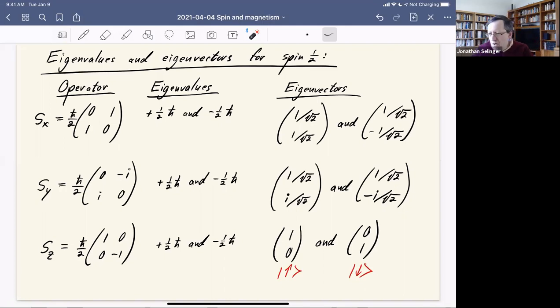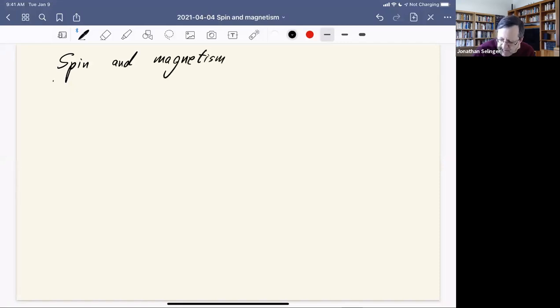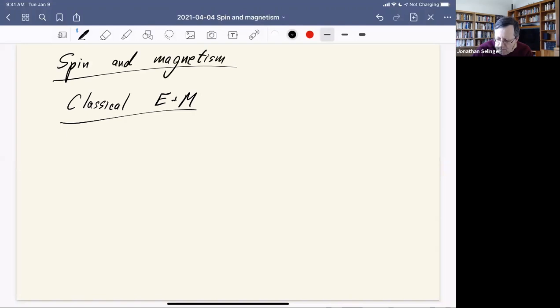So we're going to talk about spin and magnetism. To talk about that, let me first remind you of something from classical E&M, which hopefully you've seen in university physics or in an E&M class.